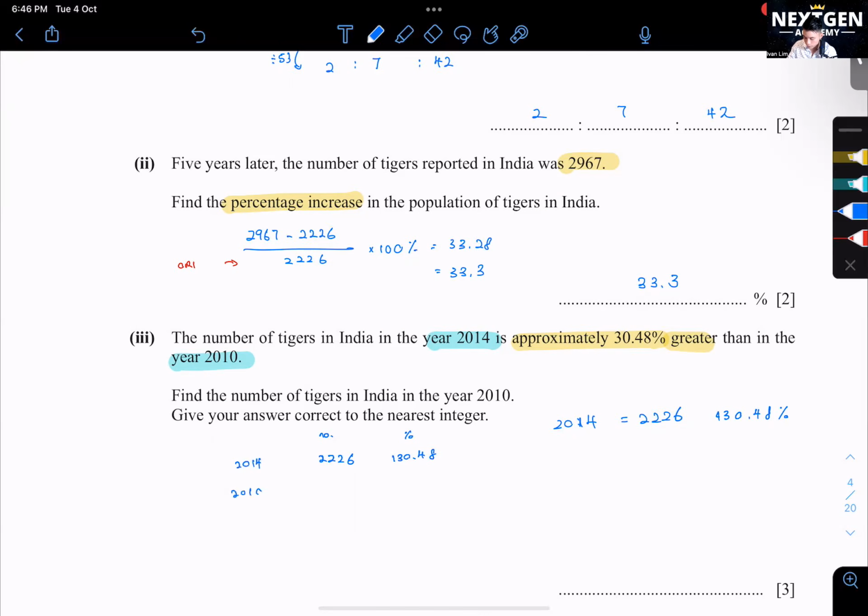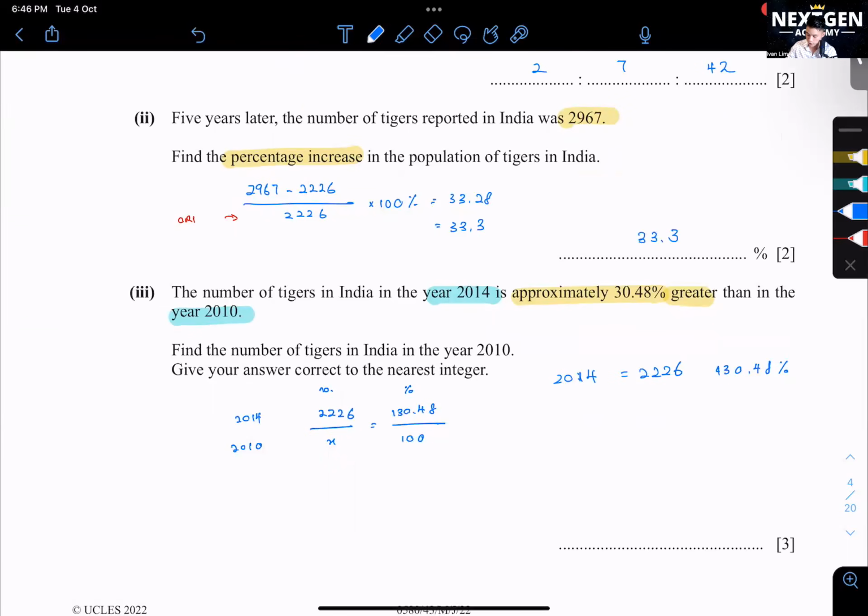In 2010, because this is the original value, right? So this will be 100%. Then we want to find this x. You can always write it in ratio like this if you are not so sure how to construct the equation. You want to cross multiply it. This is just the easier way that I would think.